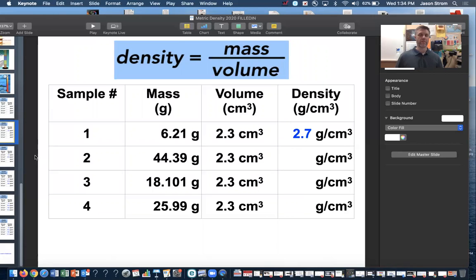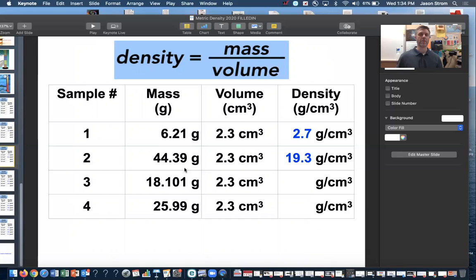What about the next one? Does anybody have the next one? 19.3. Good. 19.3.